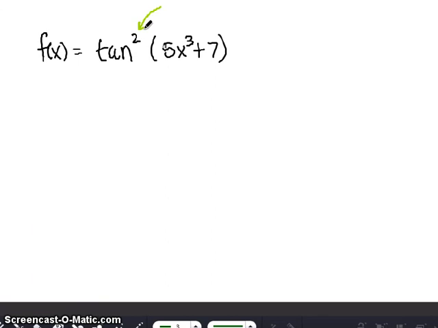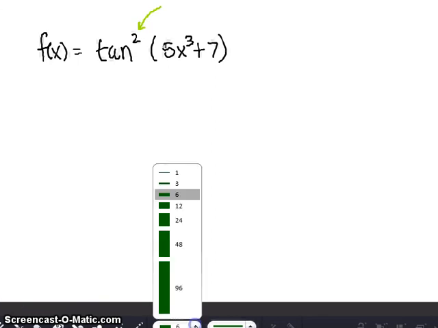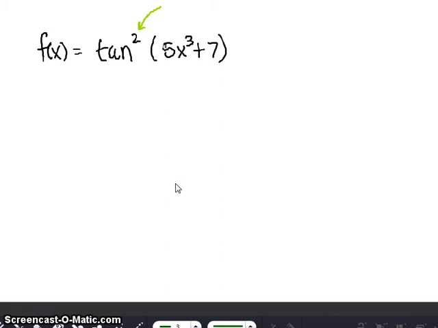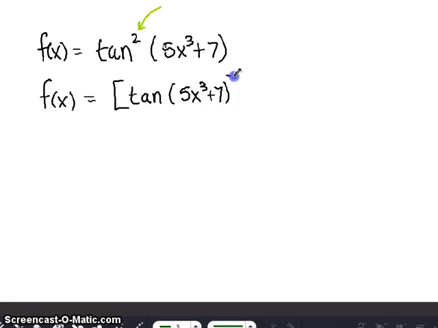So whenever we have a trig function that has a square or a cube or anything, I want us to rewrite the function in the following manner. I want us to think like this: tangent of 5x cubed plus 7, squared. So we want to move that square out to the outside so we can see our layers a little bit better.